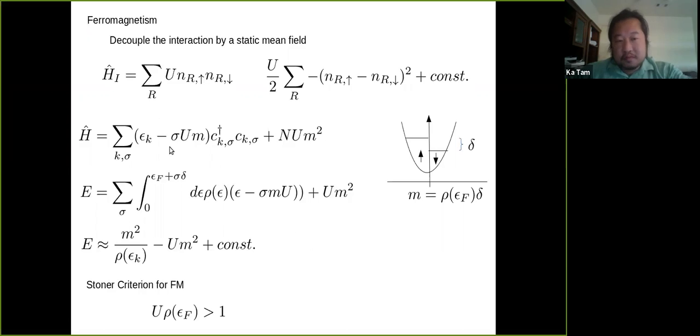Going through the calculation, you can find in what circumstance M should be non-zero. The condition for M to be non-zero is U times the density of states is greater than 1, which is what you learn from the Stoner instability.